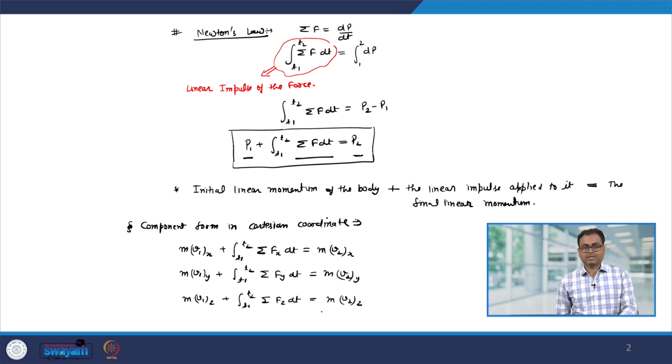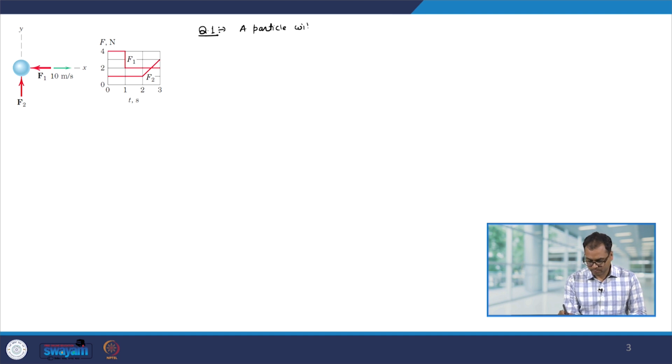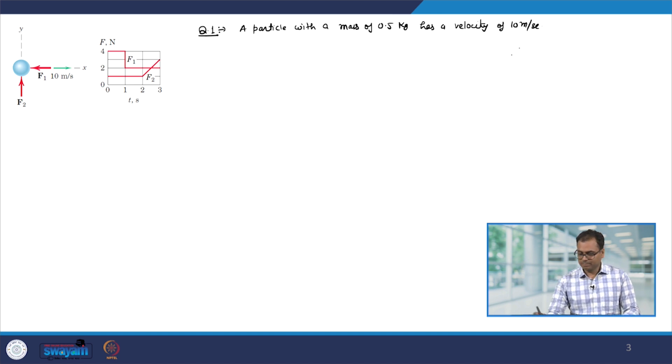Now with this very basic introduction, let us look at some examples based on this concept. Question number 1. The problem statement is: a particle with a mass of 0.5 kg has a velocity of 10 meter per second in the x direction at time t equal to 0.